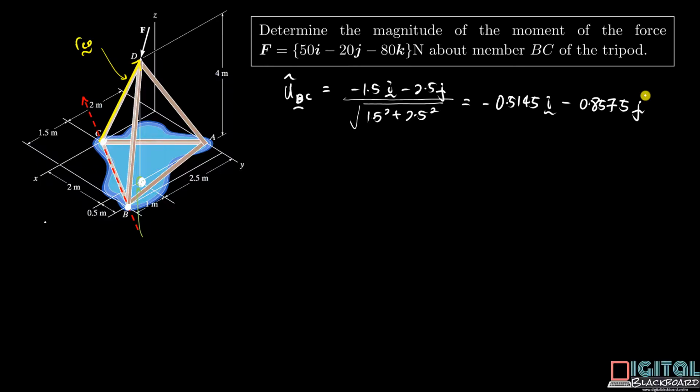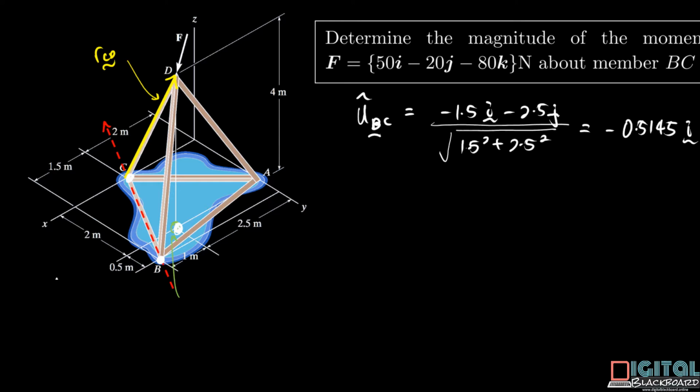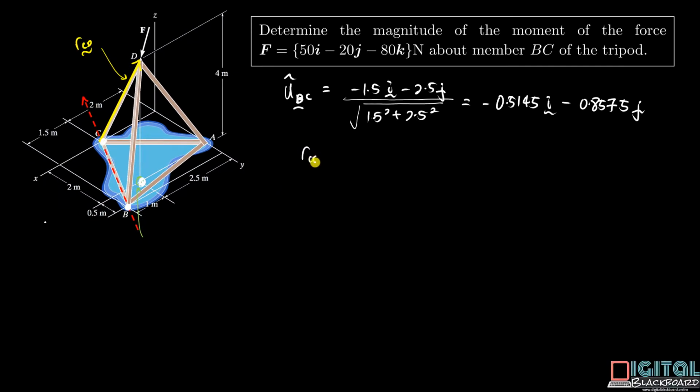Now, the R vector is the vector pointing from, as mentioned, any point on the axis of rotation, shown by the red dashed line here, to any point on the line of action of the applied force. So we still take our R vector as RCD, which was computed previously to be 0.5 i plus 2 j plus 4 k.